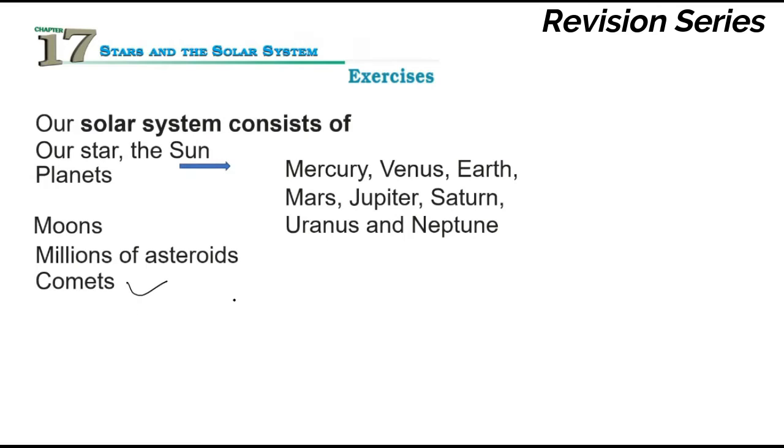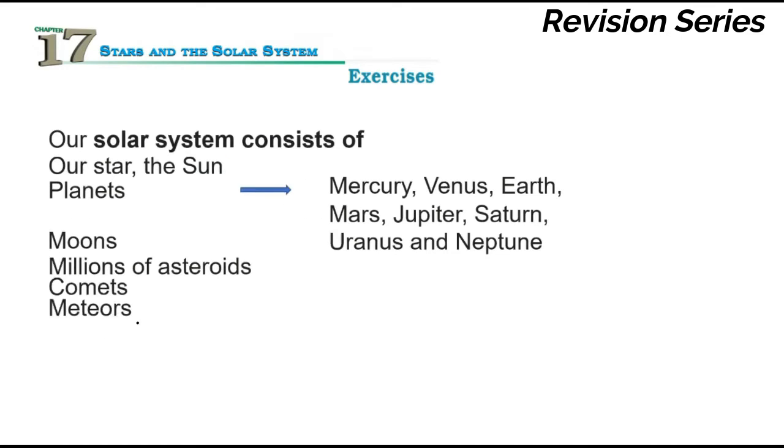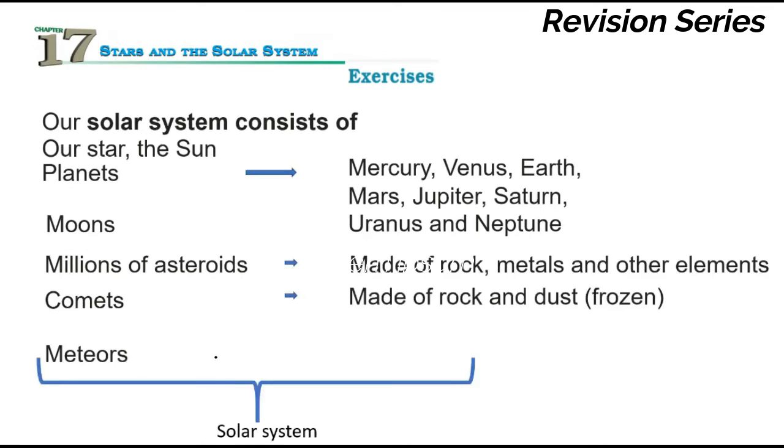And then unformed rocks in the space, which we call debris, called meteors. All together is a solar system, right? So solar system consists of only one star, and all the rest are members of the solar system.